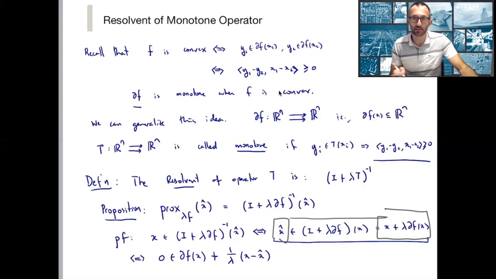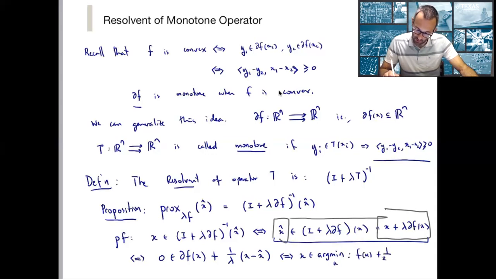But this is exactly the optimality condition for x being the prox operator. This is exactly writing that x is in the argmin of f of u plus 1 over 2 lambda times the squared norm of u minus x hat.